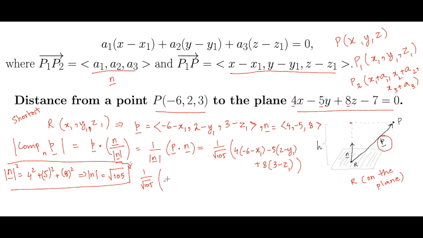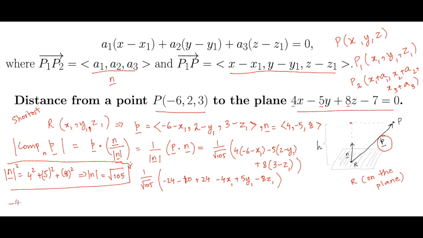This is minus 24, this is minus 10, sorry, and this is plus 24. And then I have minus 4x1 plus 5y1 minus 8z1, correct? Now since this x1 y1 z1 is on the plane, this equation is satisfied. So if I say minus 4x1 plus 5y1 plus 8z1, then let me put it here.